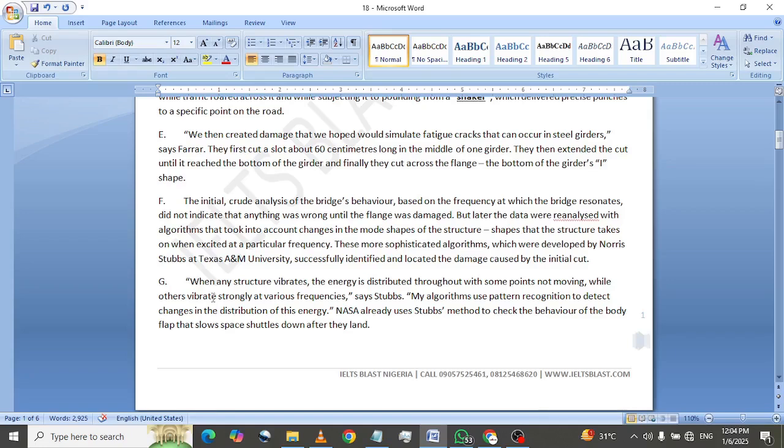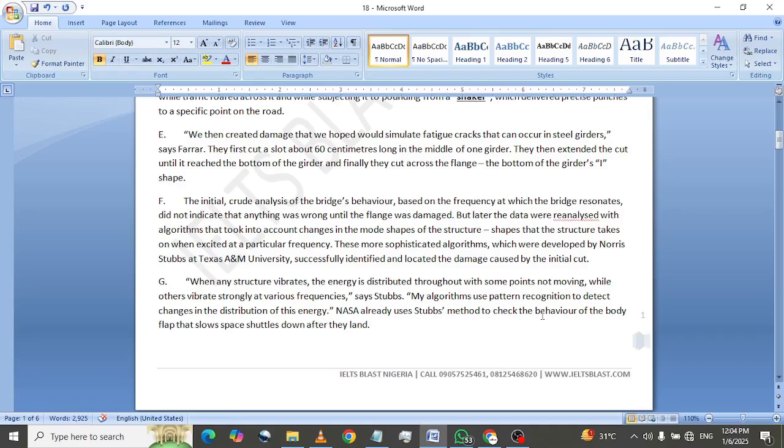The other vibrates strongly at various frequency, says Storm. Margority use pattern recognition to detect changes in the distribution of energy. NASA also use snub method to check the behavior.